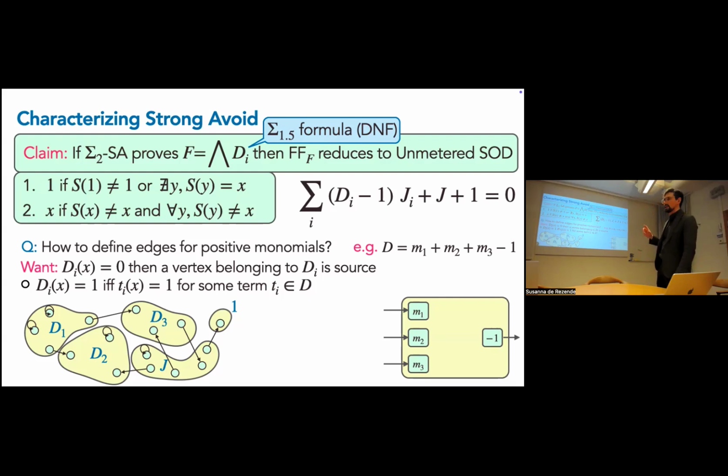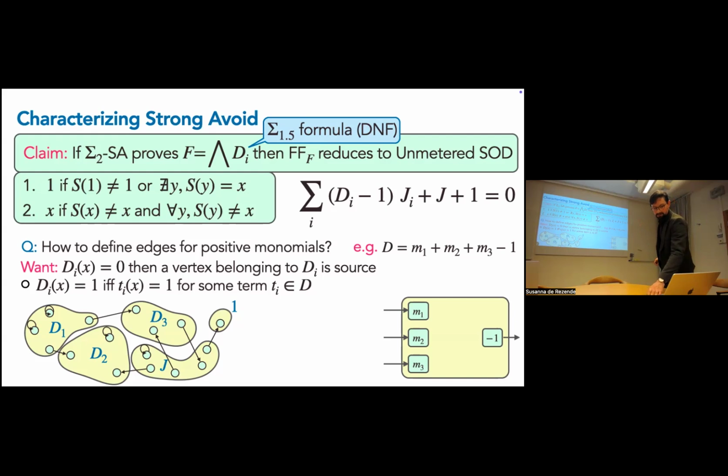Because we matched negative monomials to positive monomials, each of these M_i has an incoming edge. And because we matched negative to positive, -1 has an outgoing edge. So right now, before we add any edges from the positive monomials to anywhere, -1 is a candidate source. This is kind of the heart of the proof here.